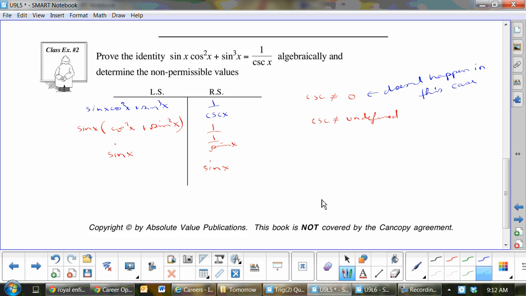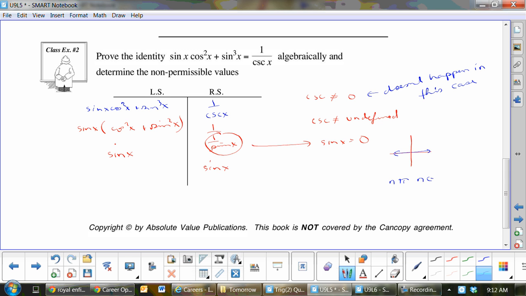Now, when does undefined happen? It does happen when sine x equals 0, right? So when does sine x equal 0? Happens at n pi, right?